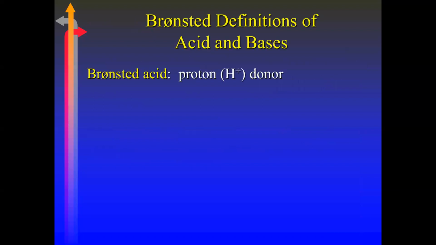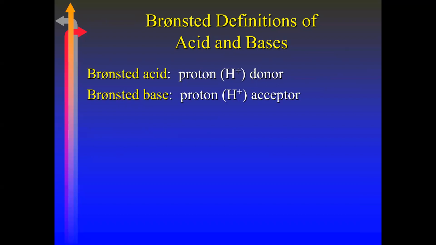So now we introduce another definition, called the Brønsted definition of acid and base. This definition says the Brønsted acid is the proton donor. So anything that can donate protons is an acid according to this new definition.